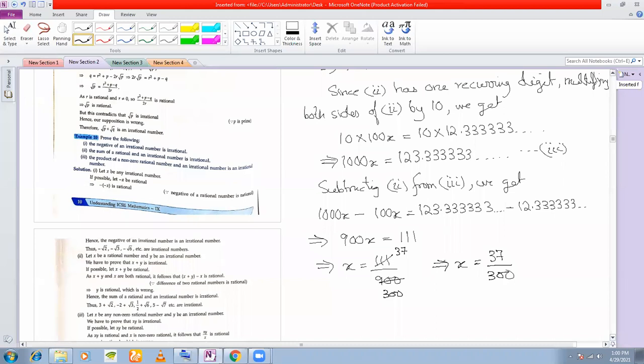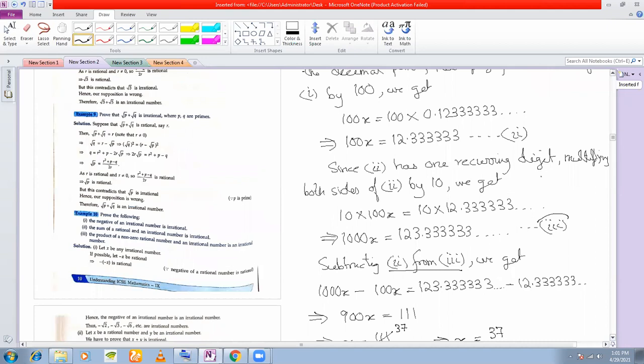Yes, sir, I have a doubt. Tell me. Sir, that line, subtracting from that, you get that one. So what you have done, I have not understood. Tell me once again. Say a little louder. Sir, that subtracting from that line. Subtracting 2 from 3. So you're subtracting this equation. You're subtracting this. You're subtracting 2 from 3.